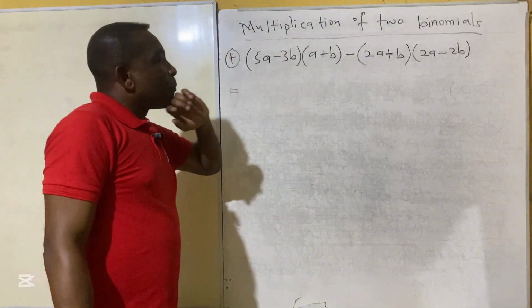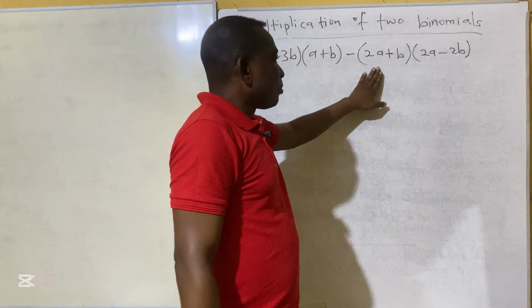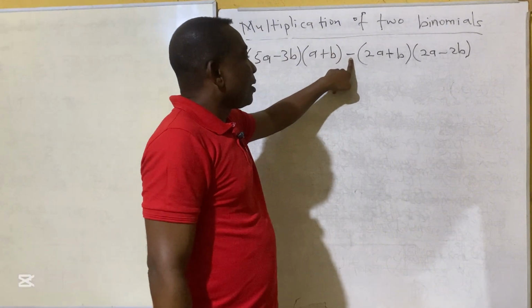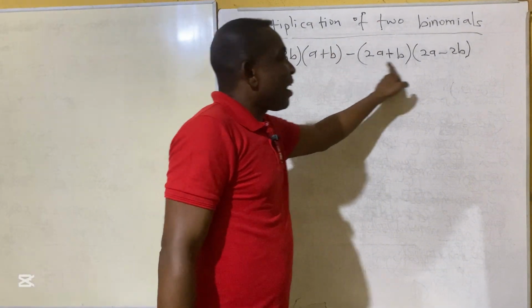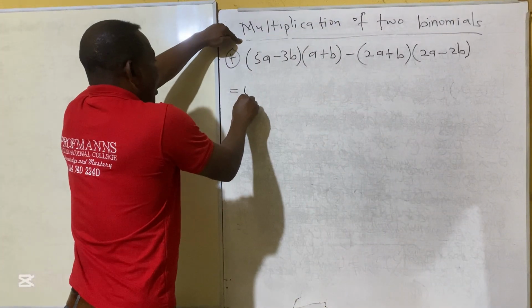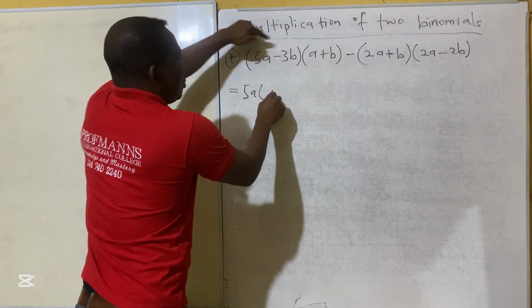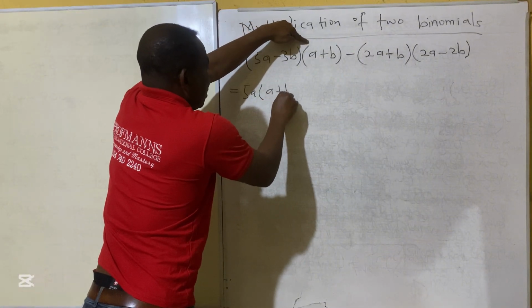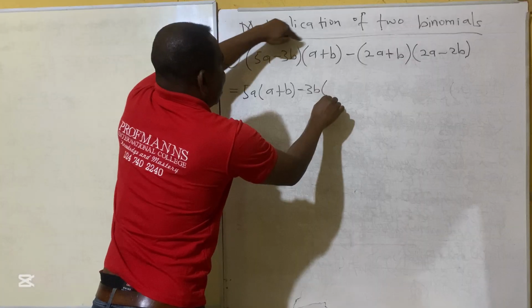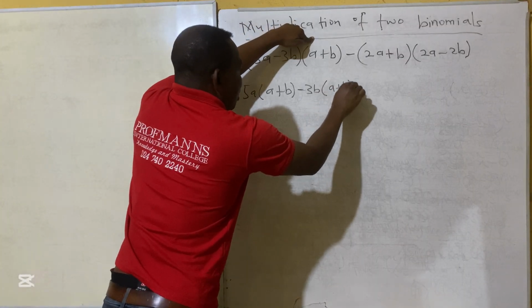Number 4, pay closer attention to this because it is not like the first one, because of the negative here. The negative here affects everything here. So pay attention. So we have 5a into a plus b, and then minus 3b into a plus b.